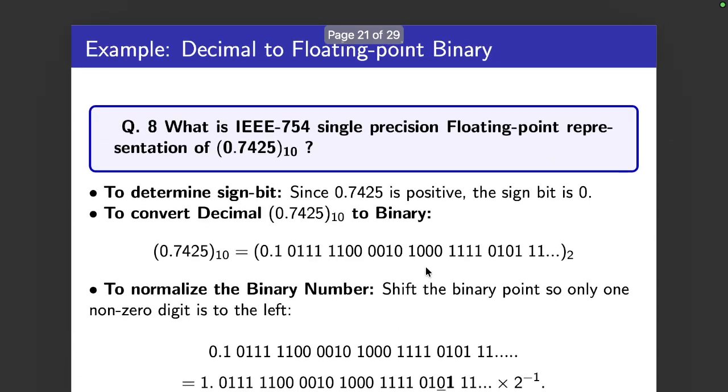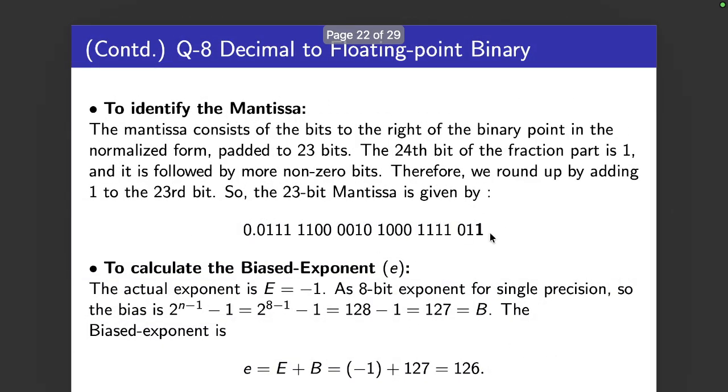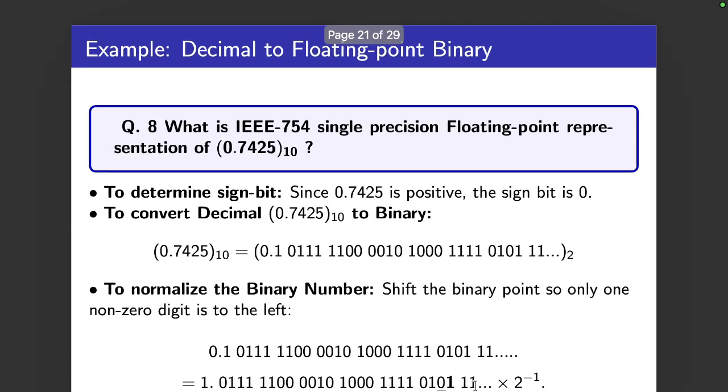If we express this decimal in binary form, it continues. Now the 24th bit, after padding to 23 bits, is 1, followed by more non-zero bits.